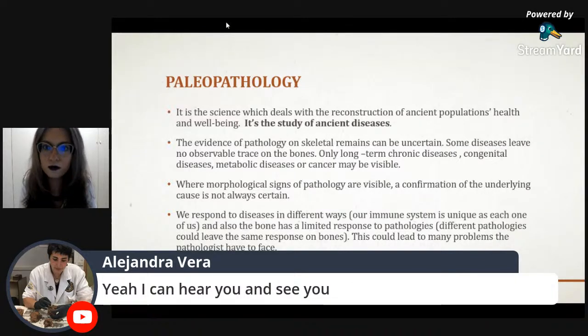And also the bone has a very limited way to respond to pathology, to alteration. So it can happen that the same alteration could be referred to different pathologies. And so, as you can see, there are many problems that pathologists have to face.